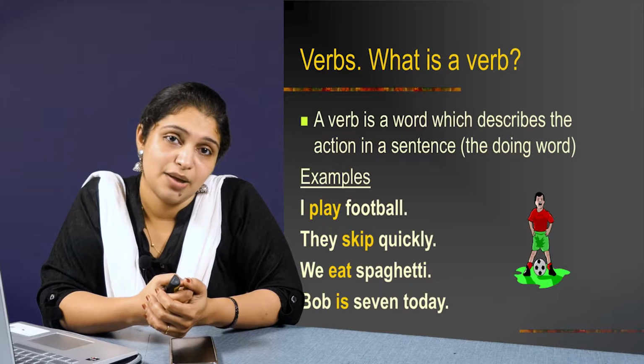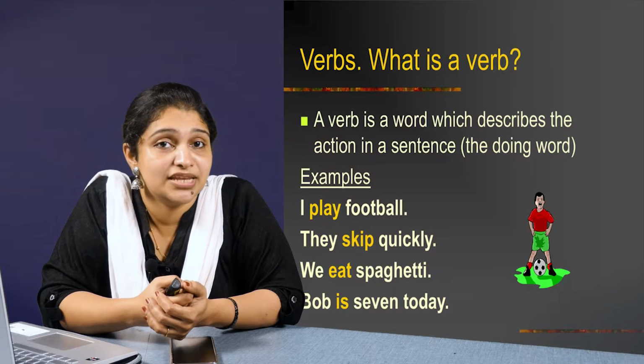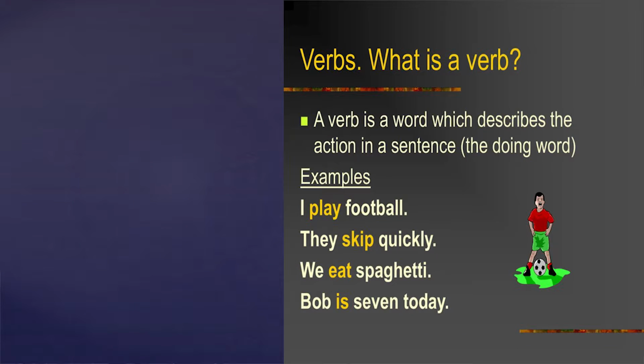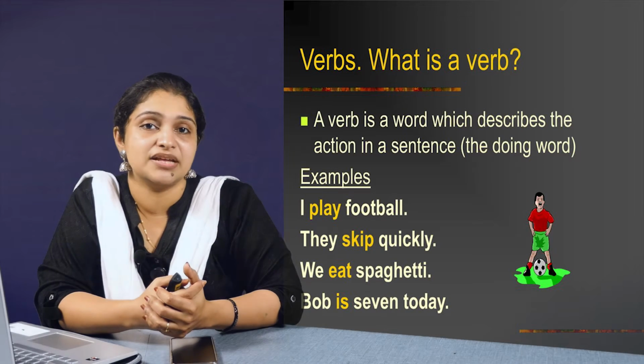You can see the examples with the words highlighted in yellow. I play football. They skip quickly. We eat spaghetti. Bob is 7 today.